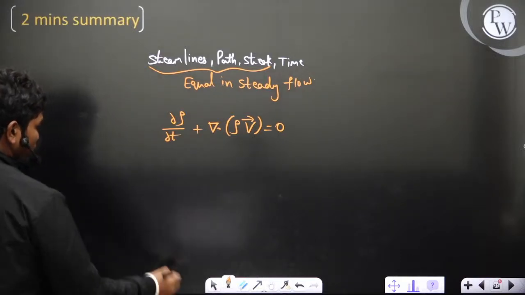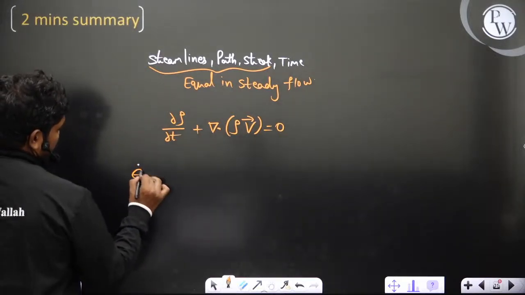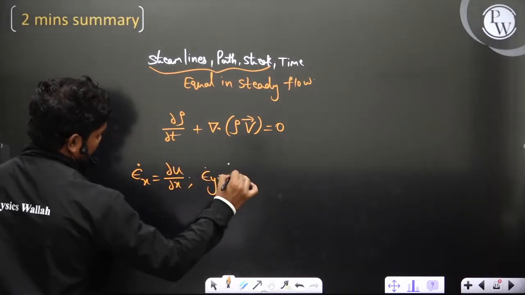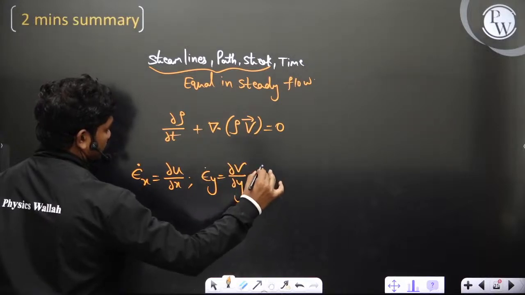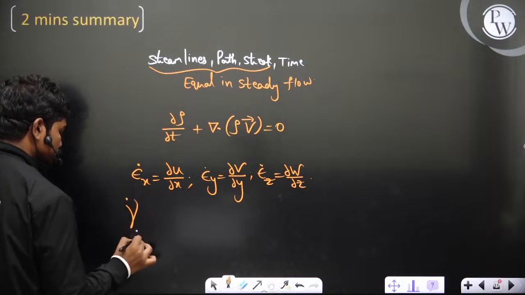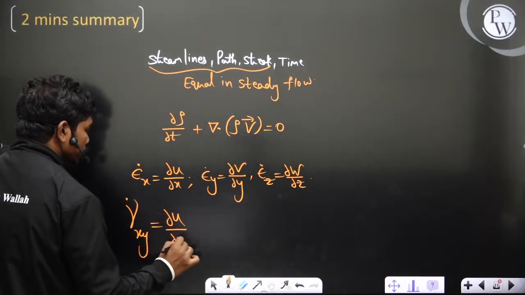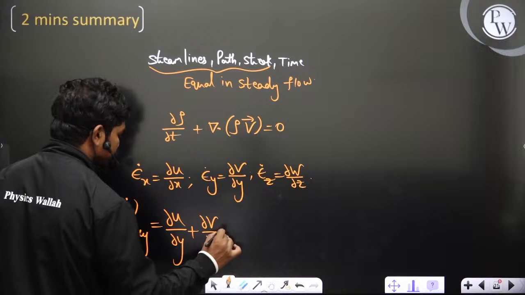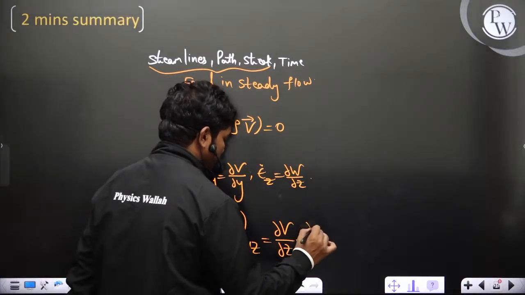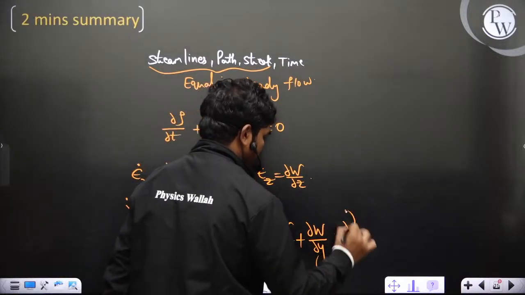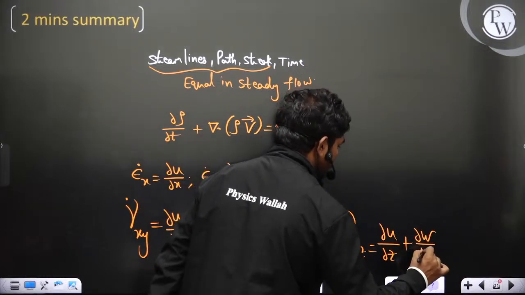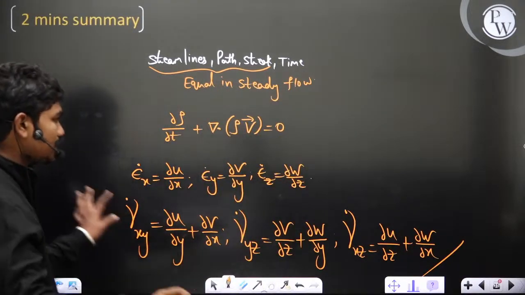Then we have seen the deformations, that epsilon dot x is equal to dou u by dou x, and dou u by dou y plus dou v by dou x. So these are the things in a nutshell we have seen today.